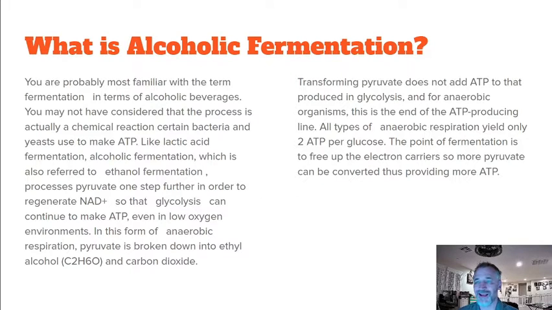Transforming pyruvate does not add any ATP to that produced by glycolysis, and for anaerobic respiration, that is the end of the ATP-producing line. All types of anaerobic respiration yield only 2 ATP per glucose. The point of fermentation is basically to regenerate the electron carrier NAD+, and it allows glycolysis to continue and produce a little bit more ATP after the fact.